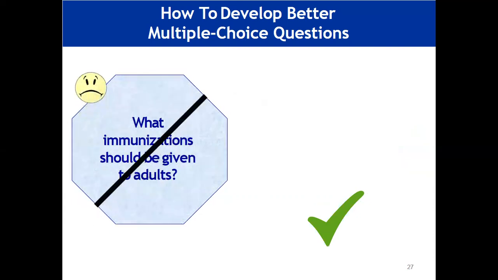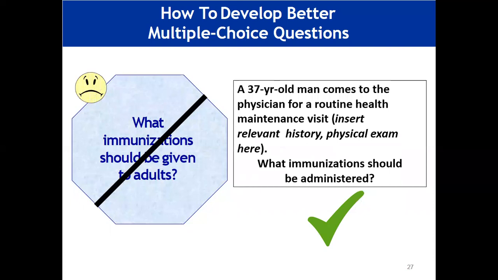Like this one, what immunization should be given to adults? Instead of that, the question should be: a 37-year-old man comes to the physician for a routine health maintenance visit, and then the relevant history and physical exam, and then ask the student what immunization should be administered. Again, it will help in the students answering these questions.